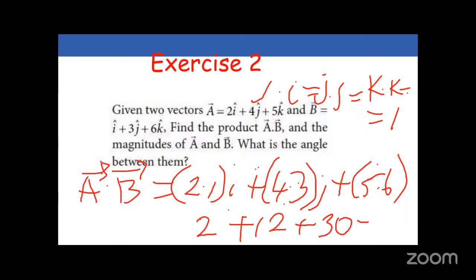So if we add them together, that will give us 44. So this is 44. This is a scalar.